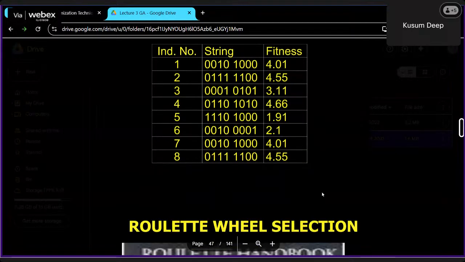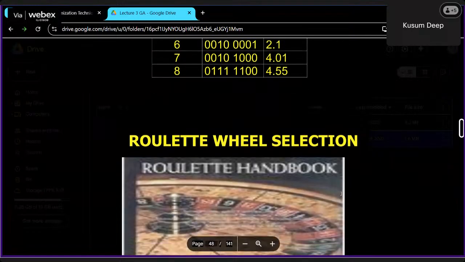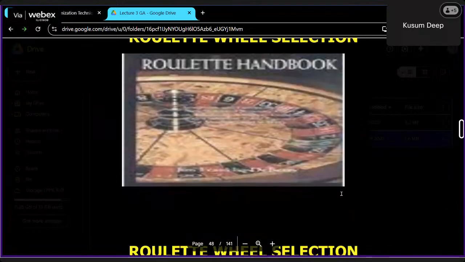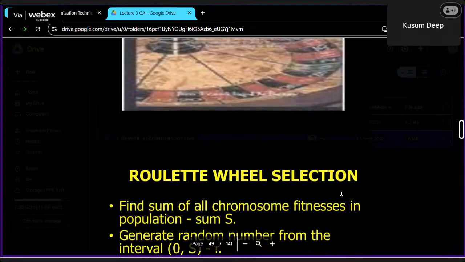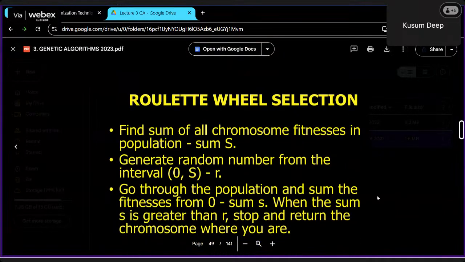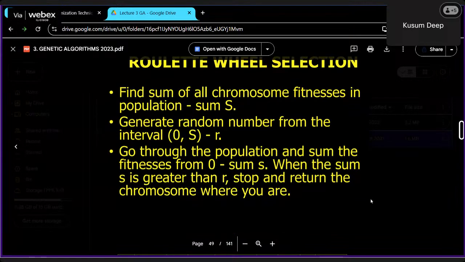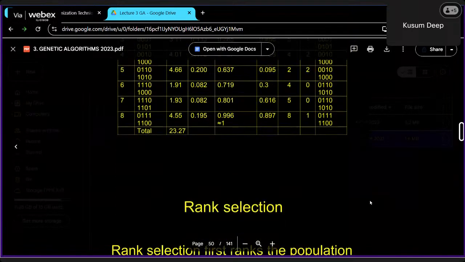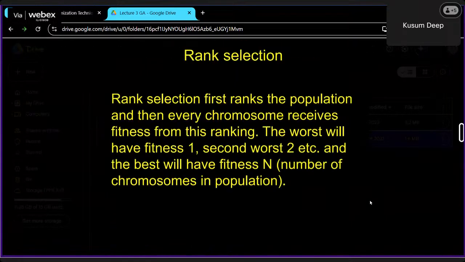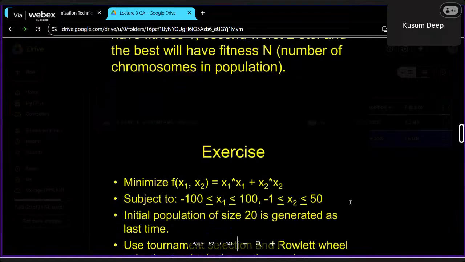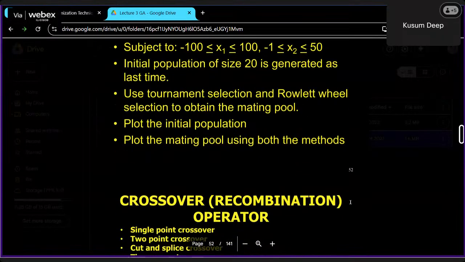And we see that an improvement has occurred. Another kind of selection operator is called the roulette wheel selection, which is related to the way in which the chromosomes are selected in proportion to the total fitness of the entire population. I think I skipped this last time. Then there is the rank selection, and I've given you an exercise.